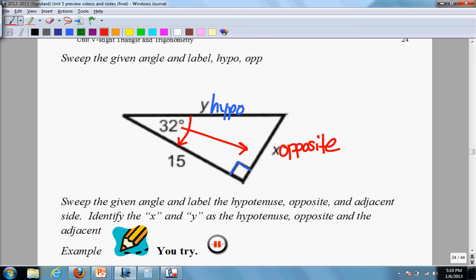That's our opposite, which to this angle, 5 is opposite, and the 15 is adjacent. Again, you're trying to label hypo, opposite, and adjacent.